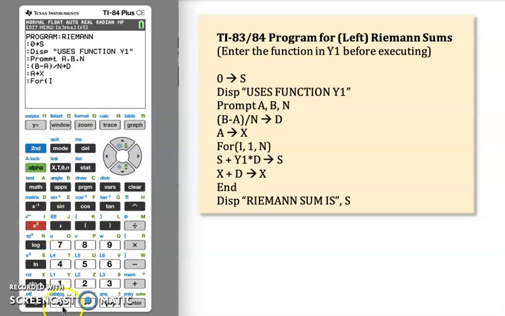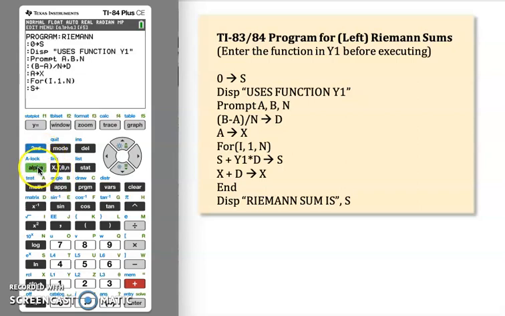For I, the number I, that starts from the value of 1 and ends at the value of N. We repeatedly do the following. We take the sum S, the previous sum of the rectangles so far, and keep adding the area of the next rectangle. The Y value gives us the height of the rectangle.